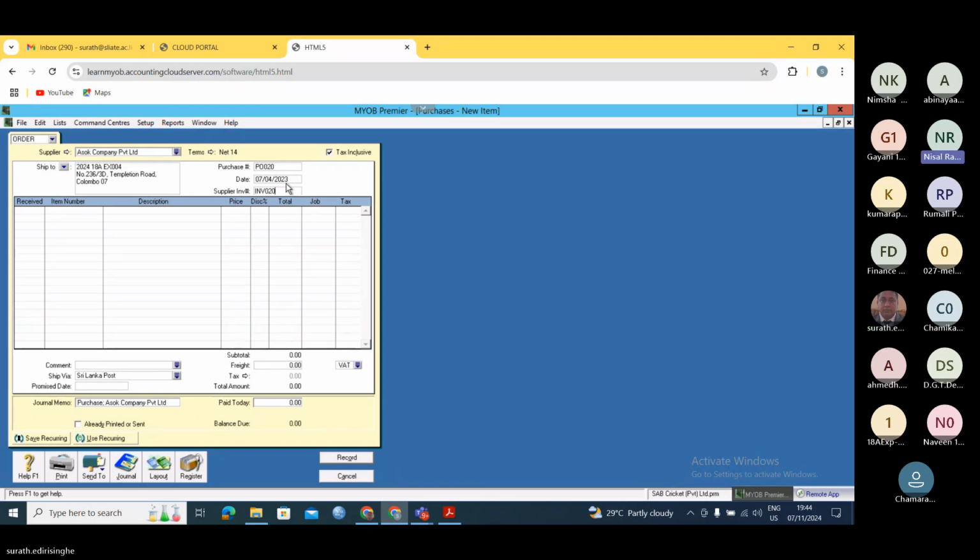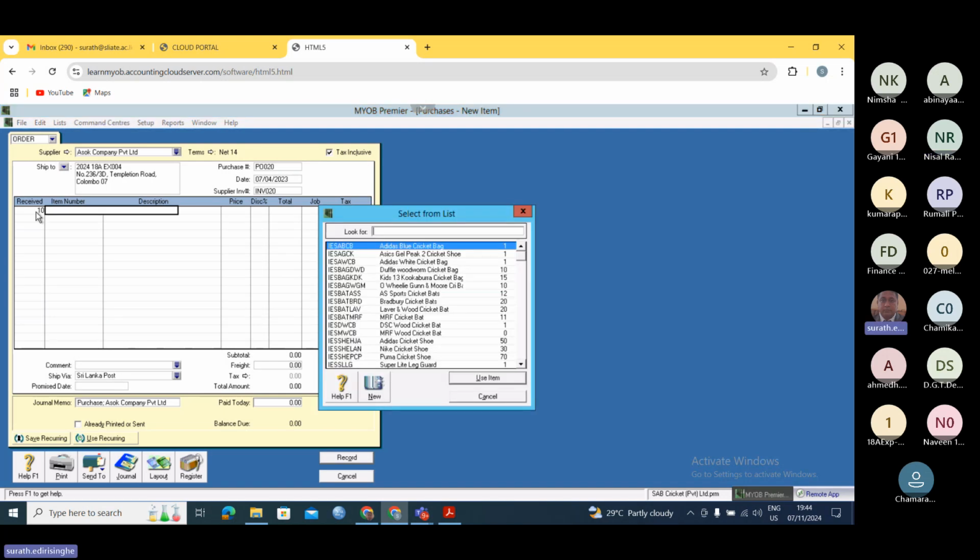Right. Then go to the received column. Enter the quantity, for ease of memorizing, 10 quantity. We purchased the Adidas cricket bag.